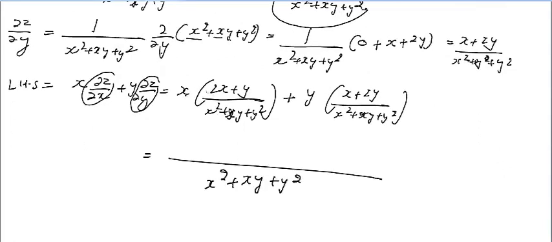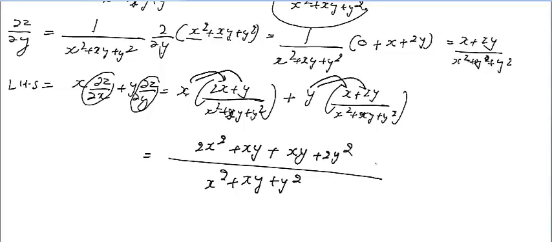Now x multiplied with 2x, you have 2x². x multiplied with y, you are getting xy. Now y multiplied with x, you are getting xy. y multiplied with 2y, you are getting 2y². So what you are having here is 2x², 2y², and 2xy.